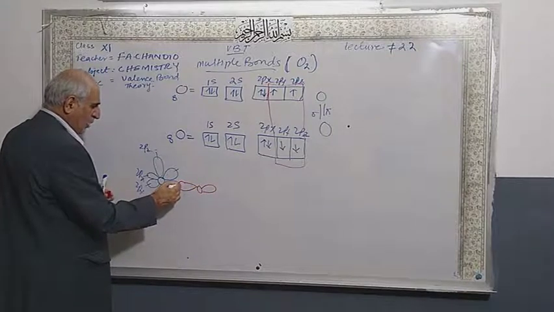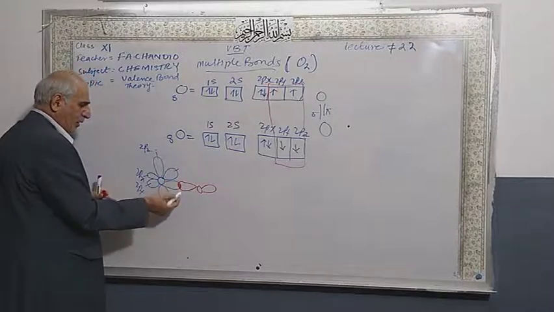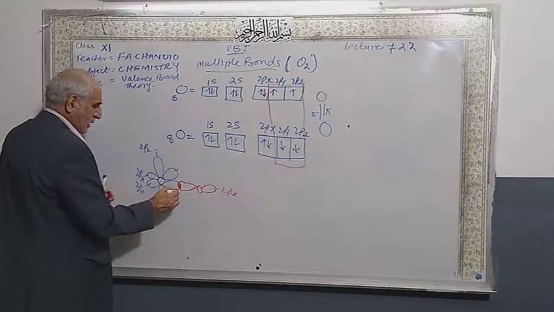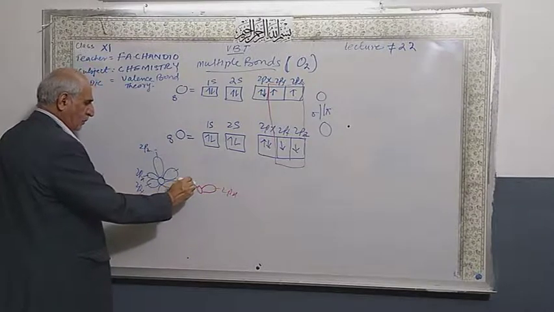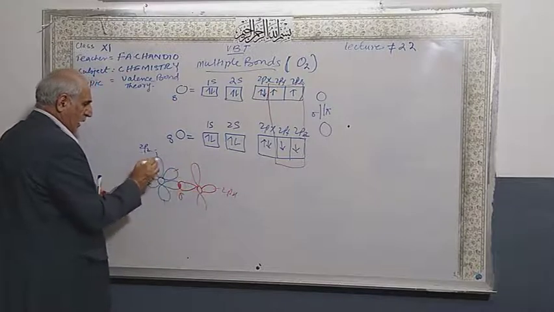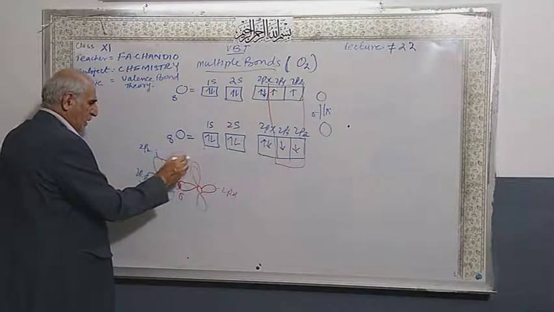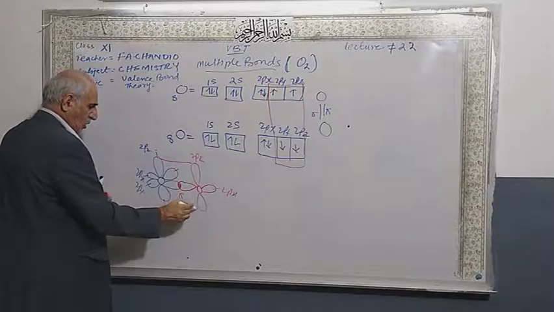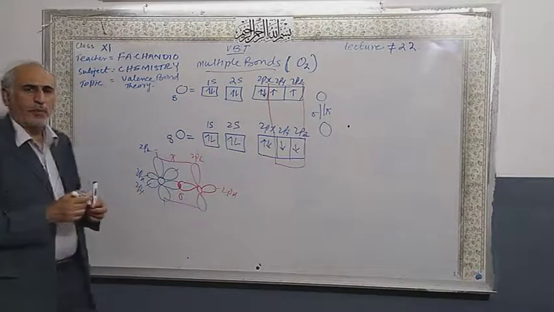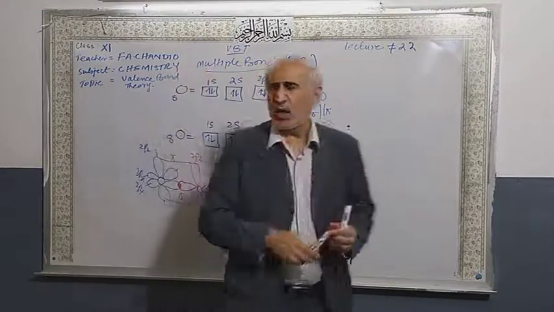There is a sigma bond from straight overlapping. We already did this. So 2px, there is a sigma bond like this, and this is 2pz for the other oxygen, and 2pz and 2pz form a pi bond, and a pi bond is formed by the parallel overlapping between them.